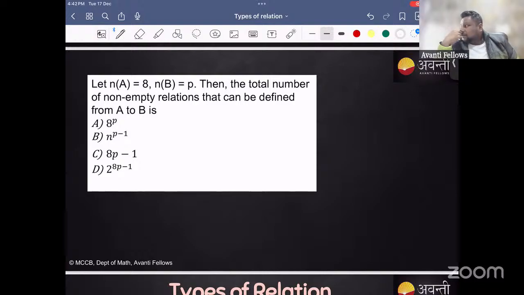How many? Mark your answer in this poll.